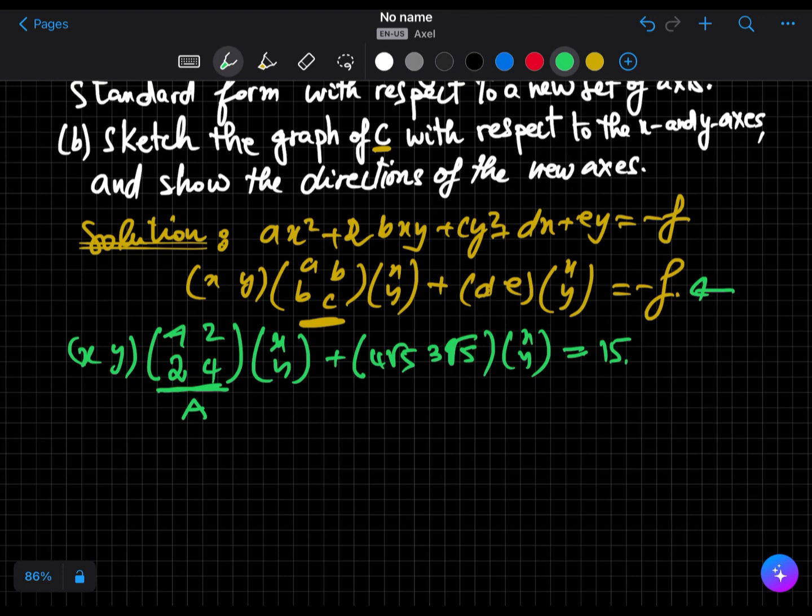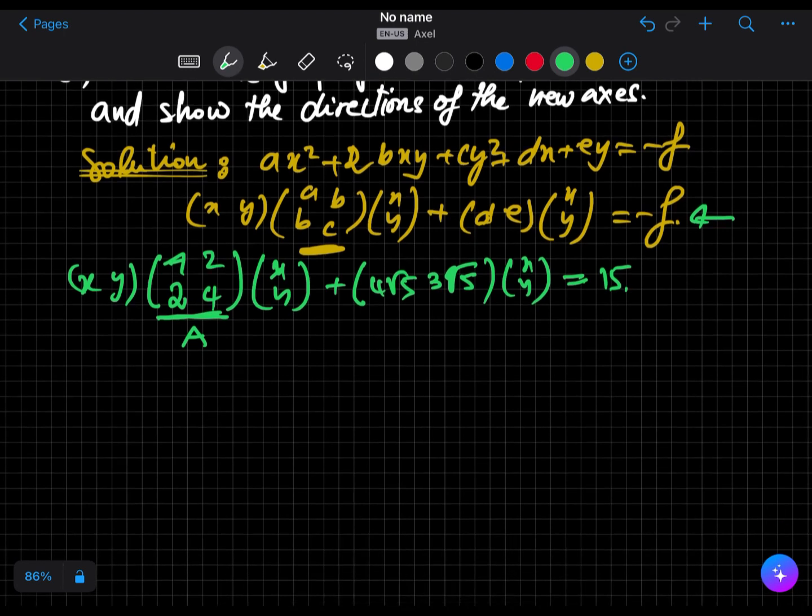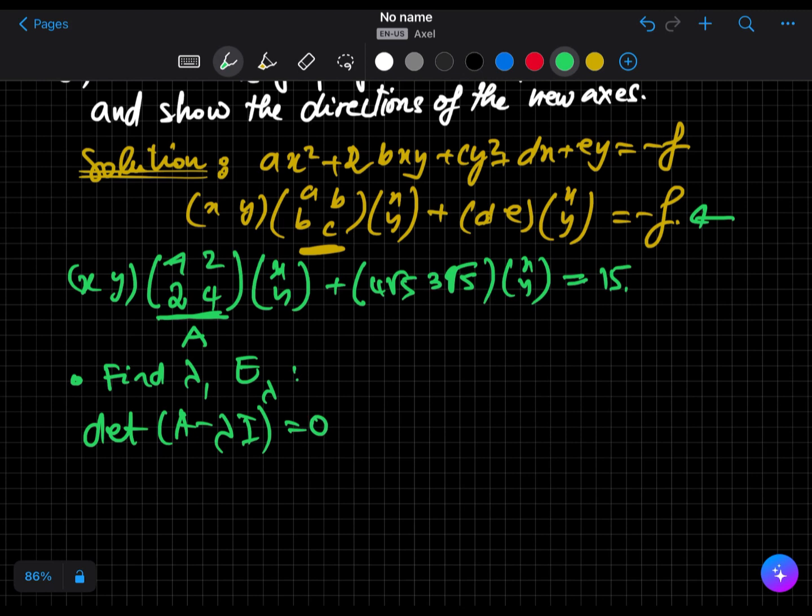And because A is symmetric, therefore A can be orthogonally diagonalized, right? So how to do that? The next step will be to find the eigenvalues and their corresponding eigenspace that contains the eigenvectors. So to find the eigenvalue, we need to solve the equation determinant of A minus lambda I equals to 0, and this is [1 minus lambda, 2; 2, 4 minus lambda].